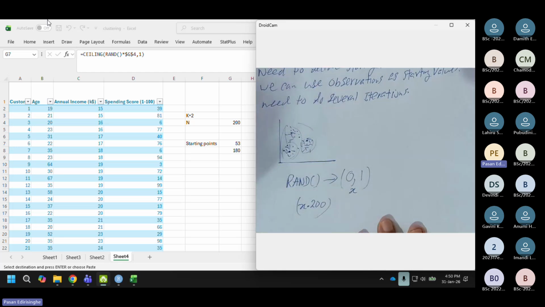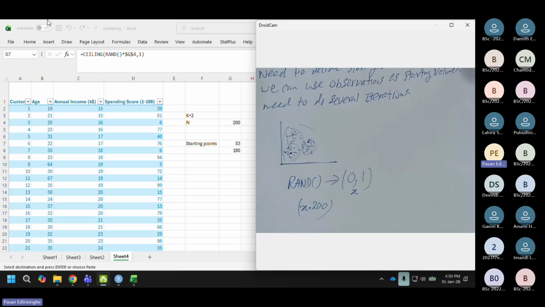If I just multiply my random number by 200, I'm still getting decimal points, something like 51.5 or 51.1. But I need complete integer numbers. Therefore, to do that, I'm using the CEILING command, that will give you the complete number.